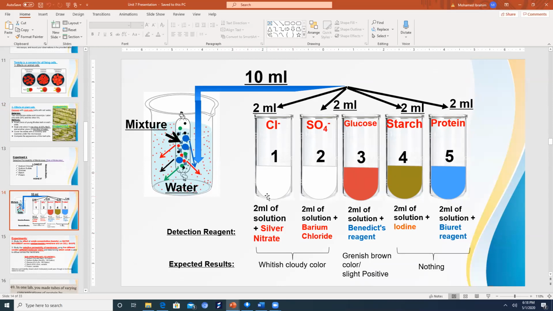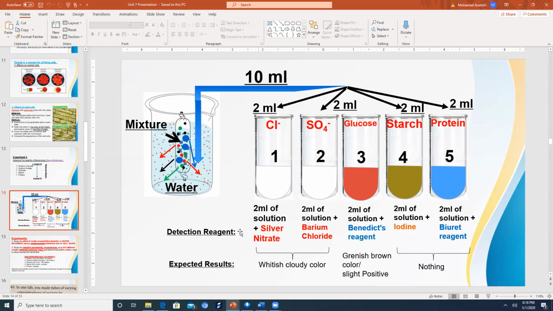If there is chloride ion, it will give you whitish cloudy color. Barium chloride to detect sulfate ion. Benedict's, as you remember, to detect glucose, reducing sugar. Iodine to detect starch. Biuret to detect protein.